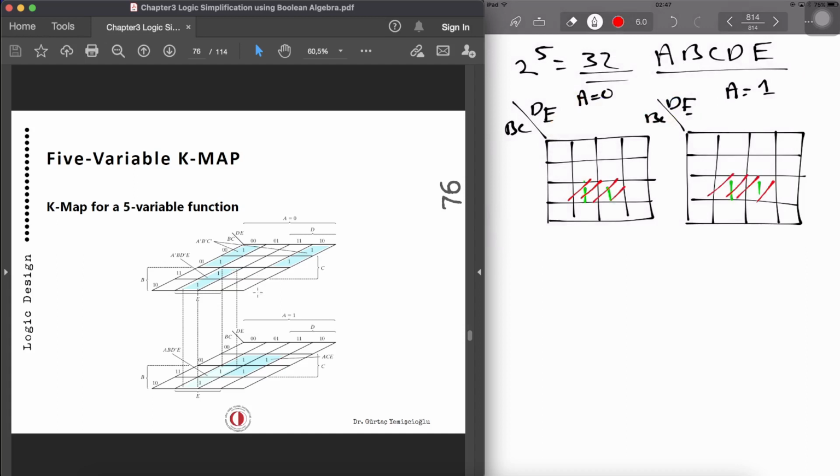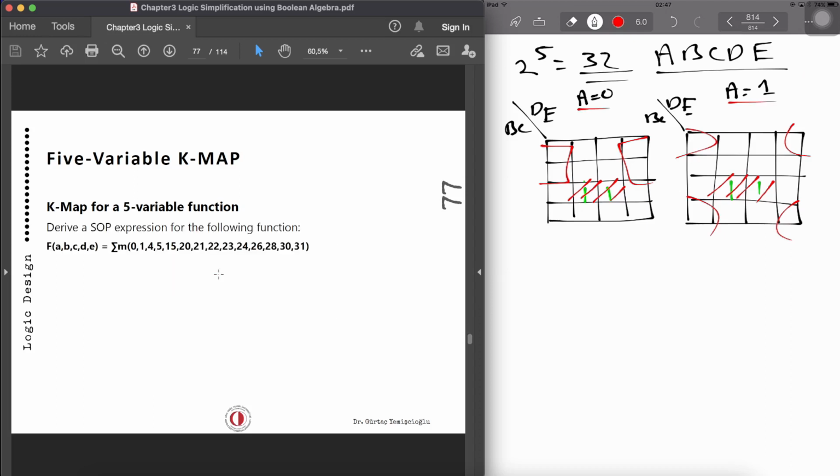As they are sitting one on top of the other, you can do an adjacent combination like that. That is also valid. Like we were doing these two, you can do that. You can do the corners. And the good thing about the 5-variable map is you can also combine across the two different maps, where A is changing at those points. So let's see the example.